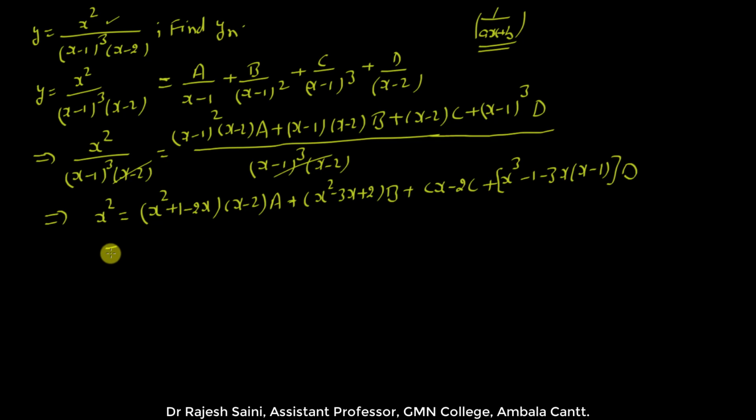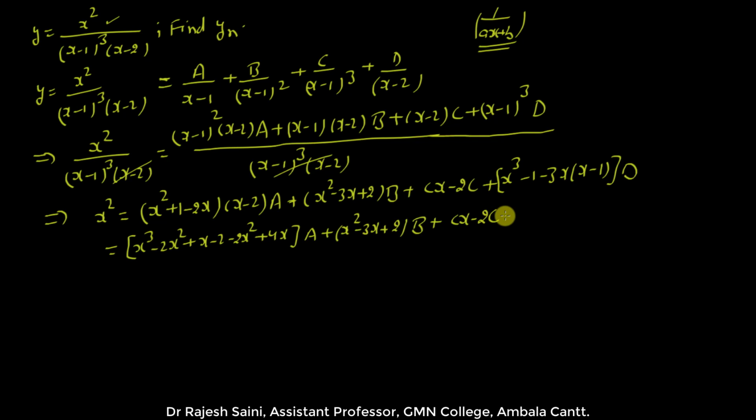Now multiply this: x cube minus 2x square plus x minus 2x square plus 4x minus 2, outside is a, and this will be (x square minus 3x plus 2) b plus cx minus 2c, (x cube minus 1 minus 3x square plus 3x), and outside is d.